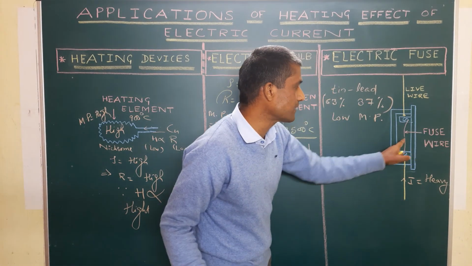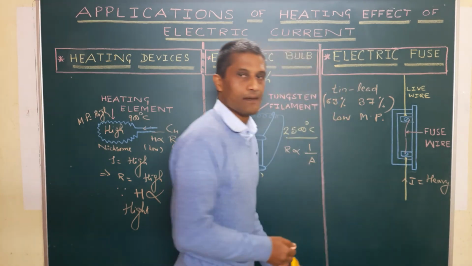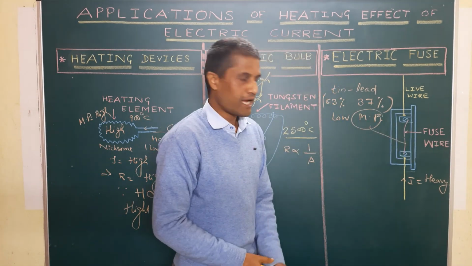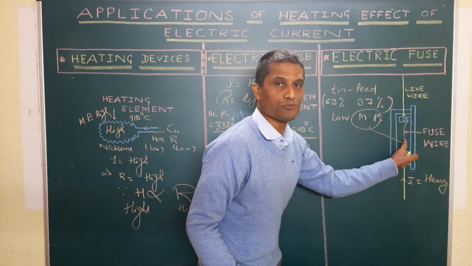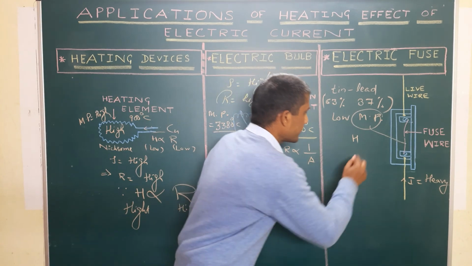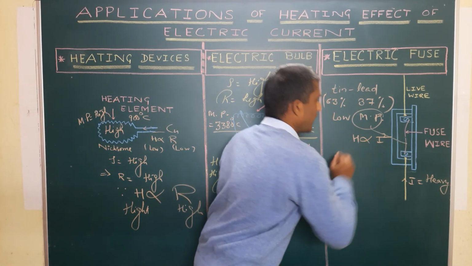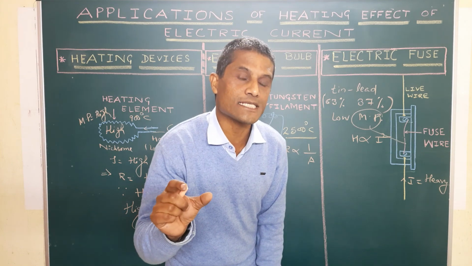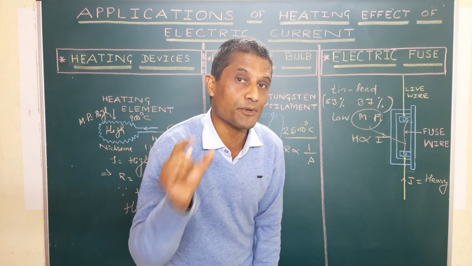Remember, it has a low melting point, and we have learned in the heating effect of electric current that H is directly proportional to I squared. Greater the value of electric current, greater would be the heat production.